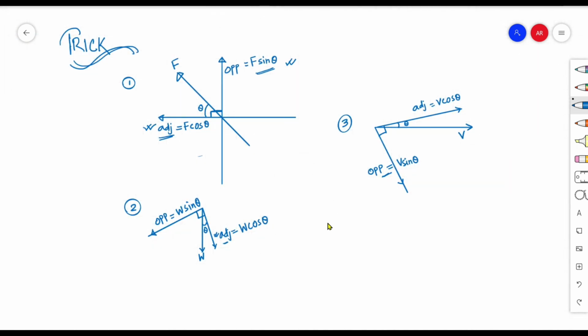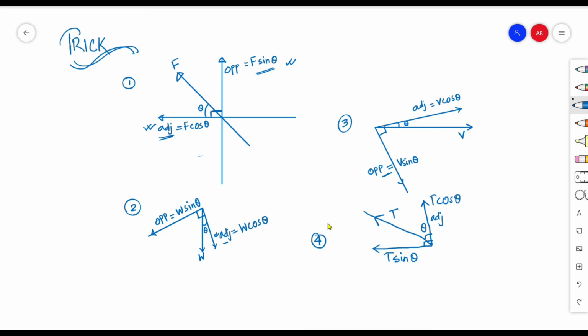This is how you have to choose the cos theta and sine theta perpendicular to each other. You must not choose the V sine theta the other way around, in just the opposite direction, the way I drew in every case 1, 2, and 3. You cannot draw it in the opposite direction, because if you drew it in that opposite direction, it means the resultant F, W, or V is not actually acting along the direction shown in the diagram.